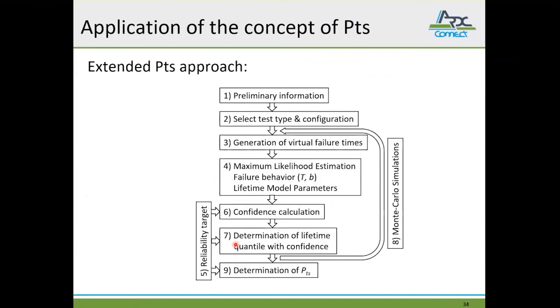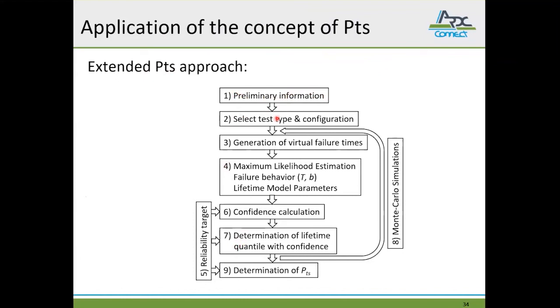Here I show you the extended probability of test success approach that I'm gonna introduce to you. We have this preliminary information, which is pretty much the prior knowledge. So we go into our approach with the Weibull distribution of our component.